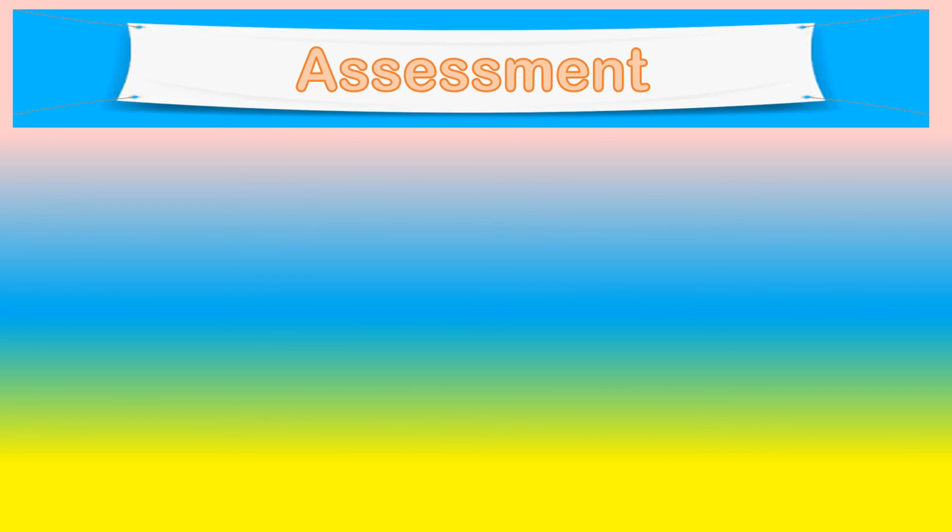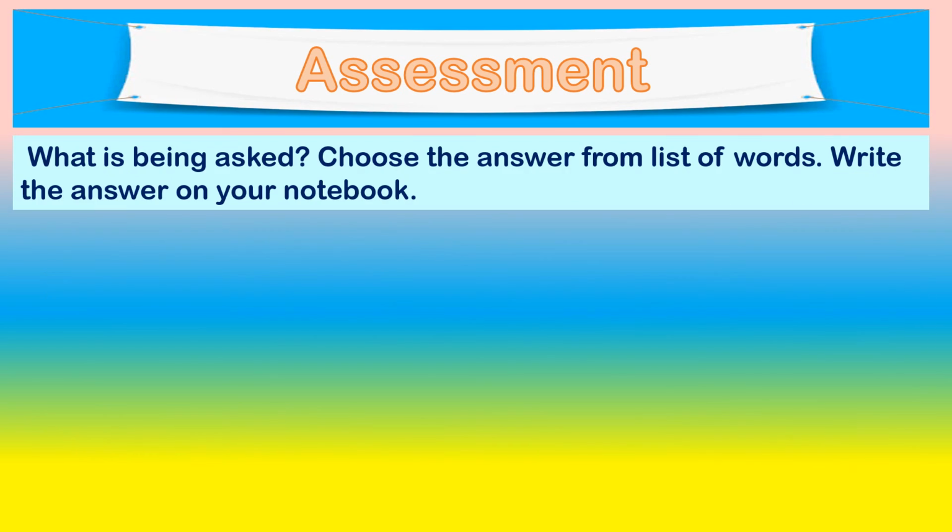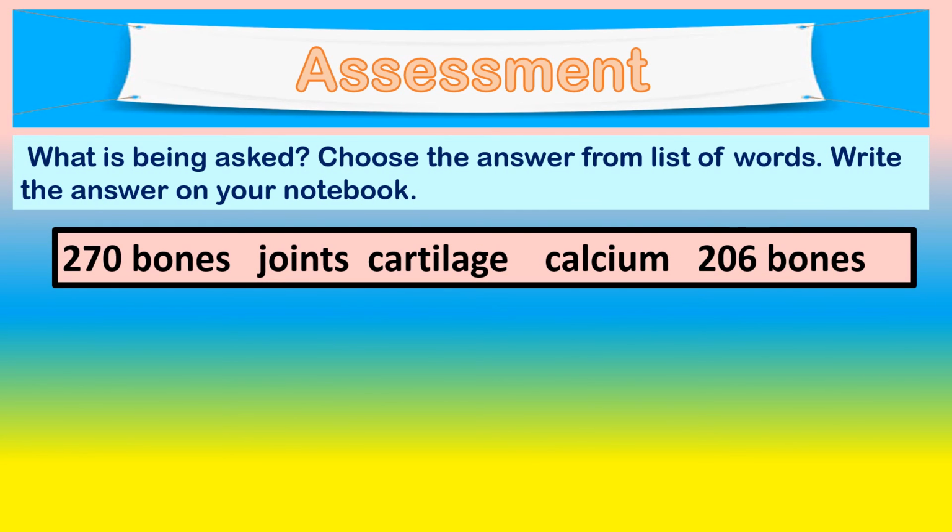For the assessment, what is being asked? Choose the answer from the list of words. Write the answer on your notebook. These are the different choices: 270 bones, joints, cartilage, calcium, and 206 bones.